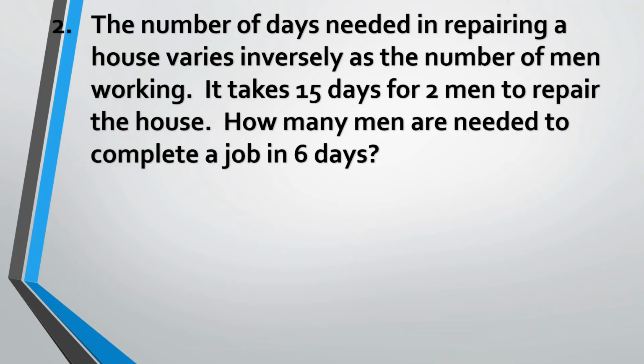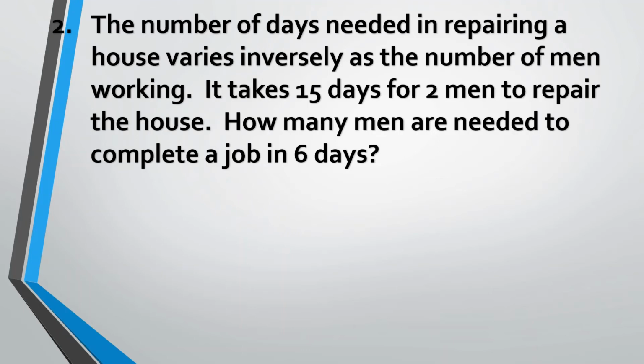How many men are needed to complete a job in 6 days? So, analyze the problem. In 15 days, you need 2 men to repair the house. And the question is, how many men are needed to complete a job in 6 days? And our variation is inverse.